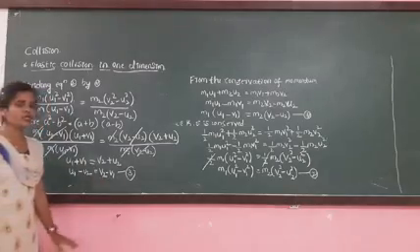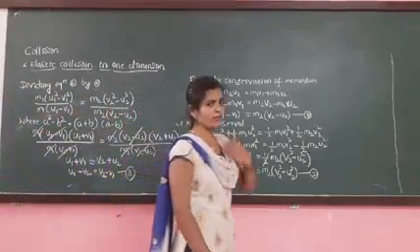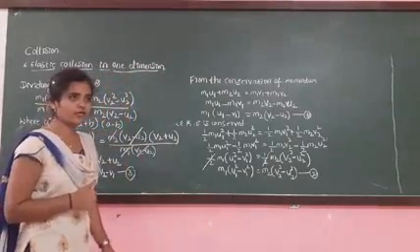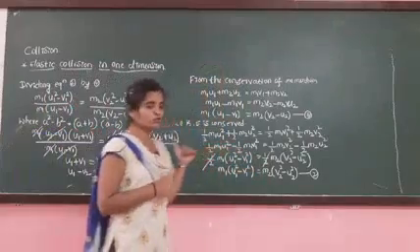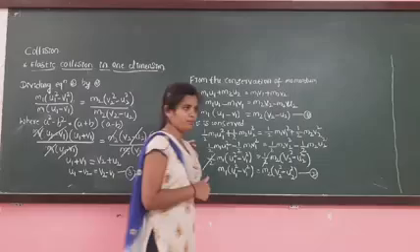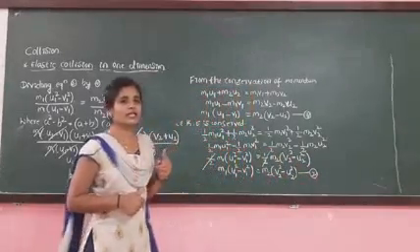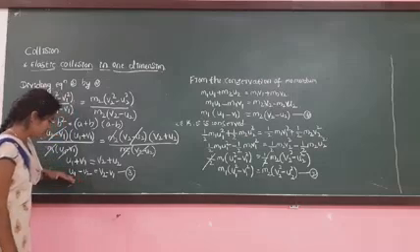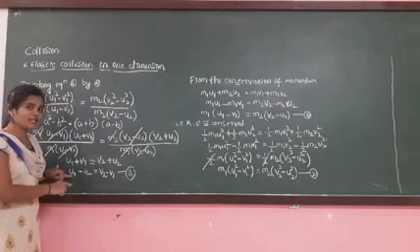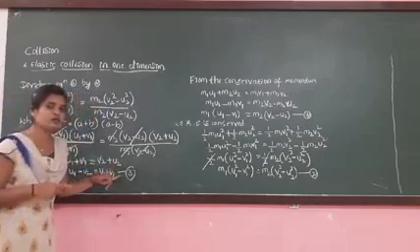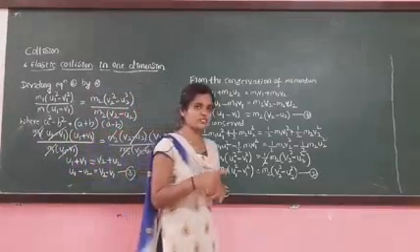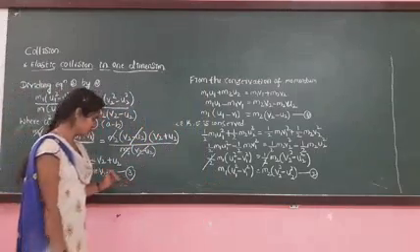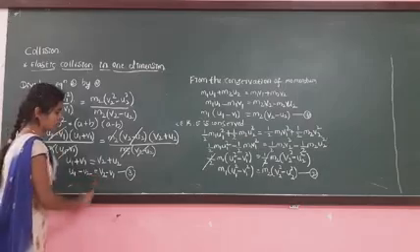For an elastic collision in one dimension, the relative velocity of approach before collision is equal to the relative velocity of separation after collision. This is u1 minus u2 equals v2 minus v1.